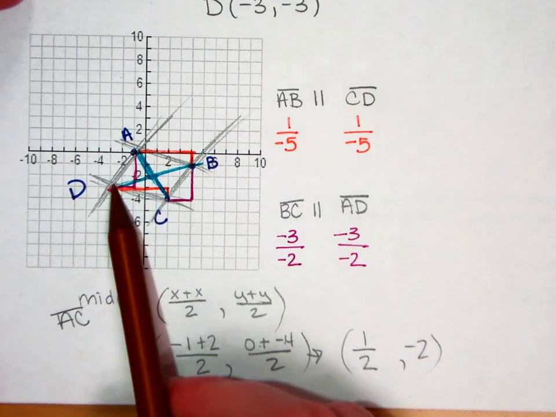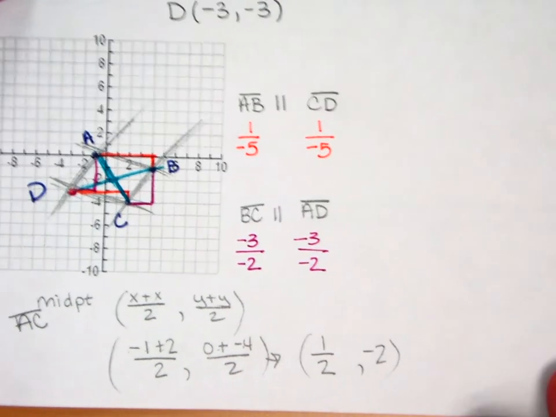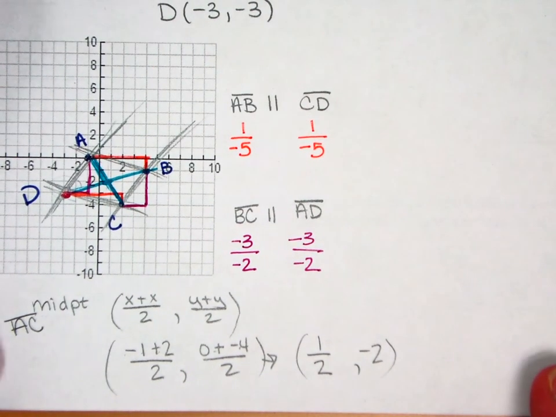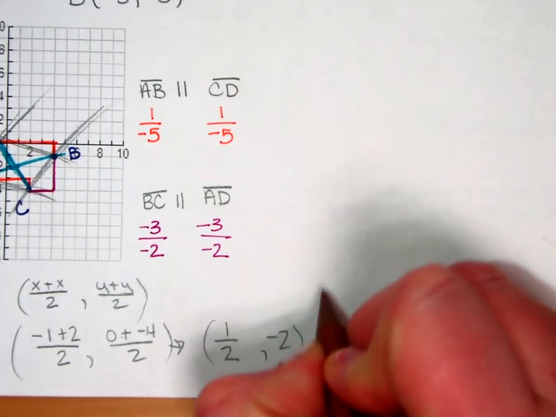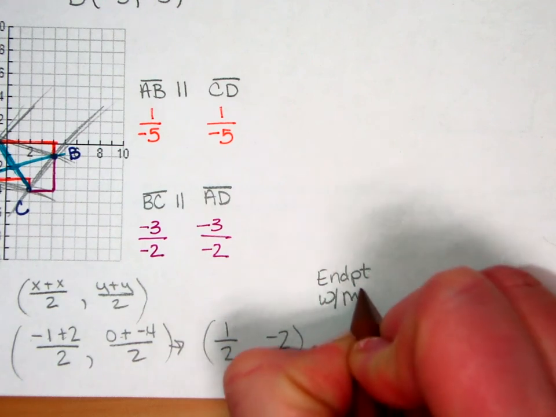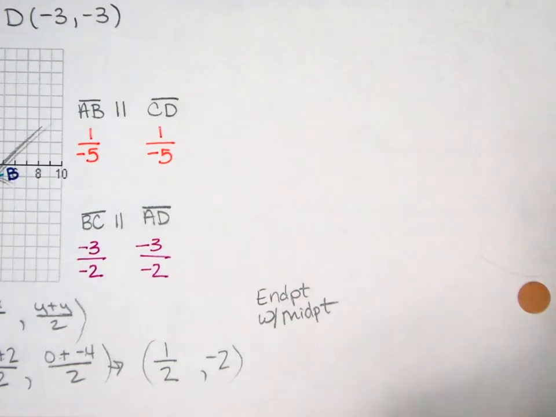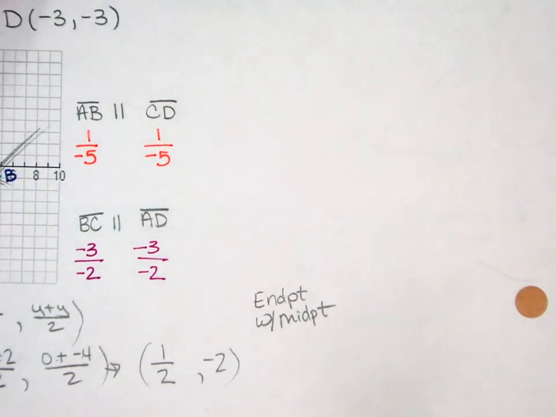So now, to find this midpoint out here and find the answer of negative 3, negative 3, we have to work backwards from Chapter 1, Section 3. So, endpoint with midpoint. To find and prove our answer is exactly correct, you could also do it this way. I'm telling you, you can do slopes, but if you don't like that, you can do it this way.